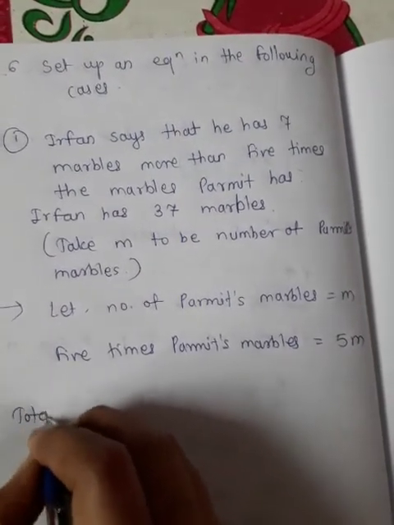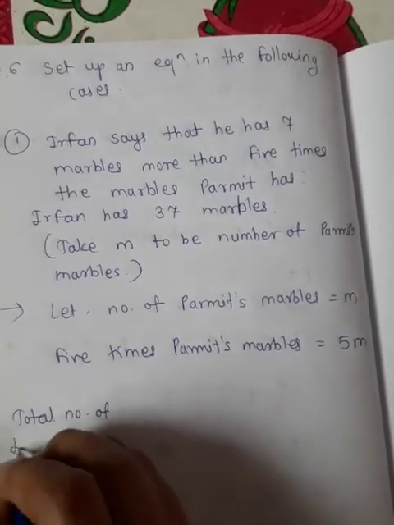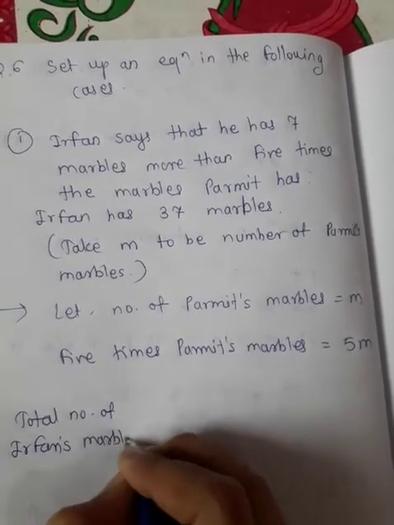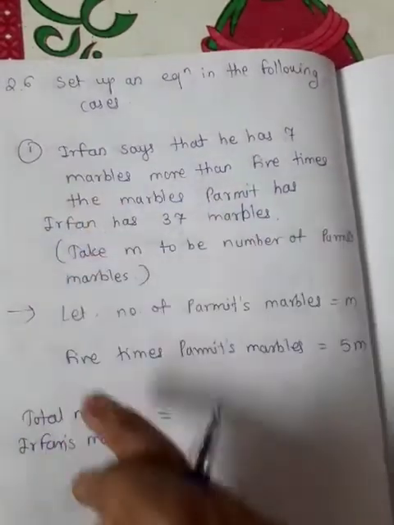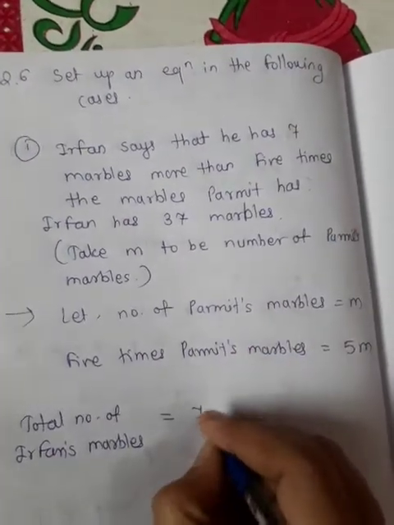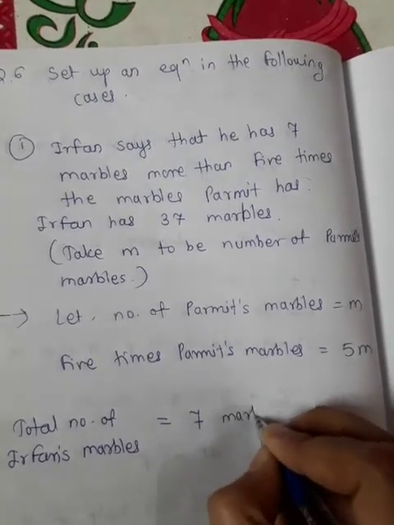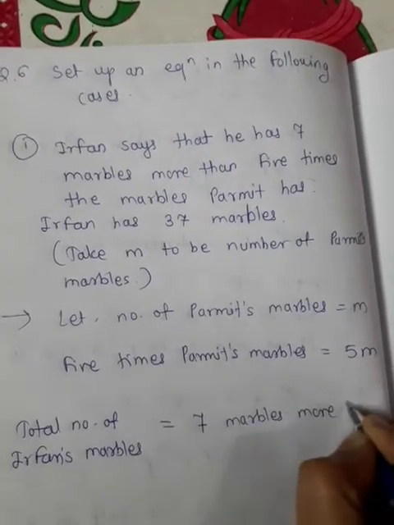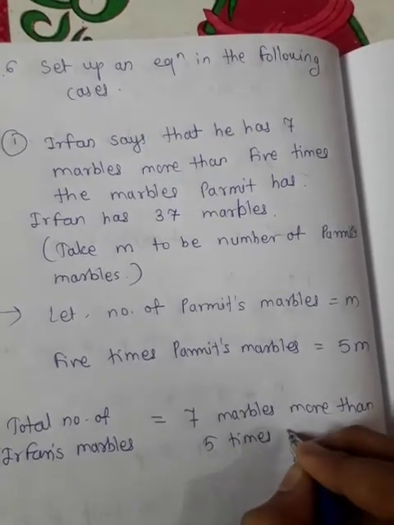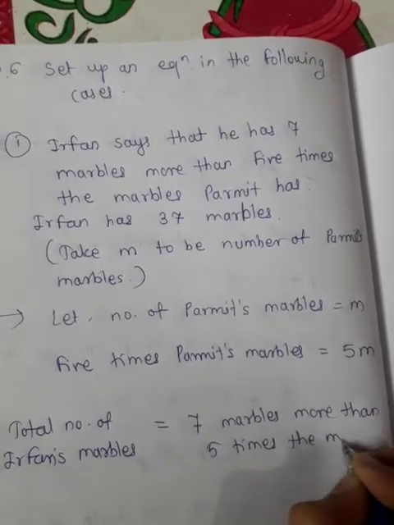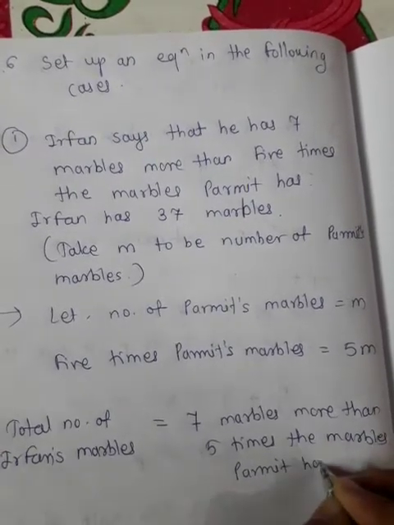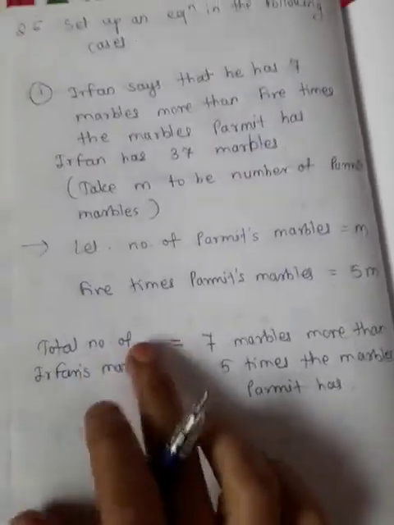The total number of Irfan's marbles is equal to 7 marbles more than 5 times the marbles Permit has.